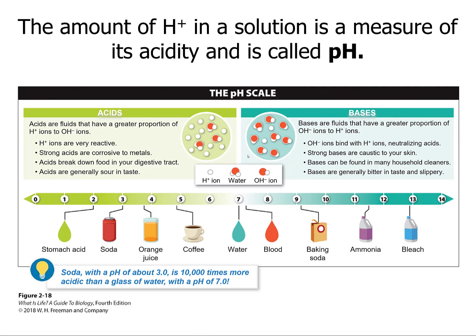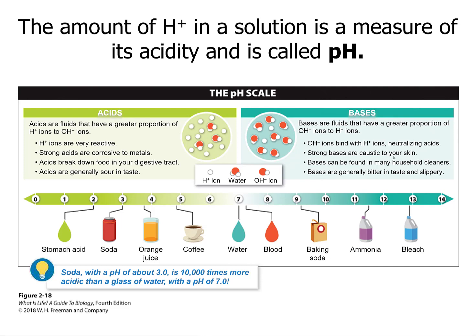And the opposite, a corollary to that: as you decrease the hydrogen ion concentration and increase the hydroxide ion concentration, the higher the pH and more basic it becomes, up to 14. There's ammonia and bleach, and you can see that's pretty basic.